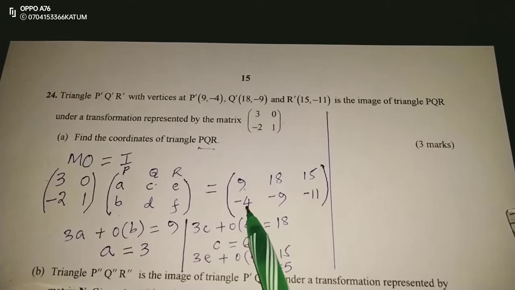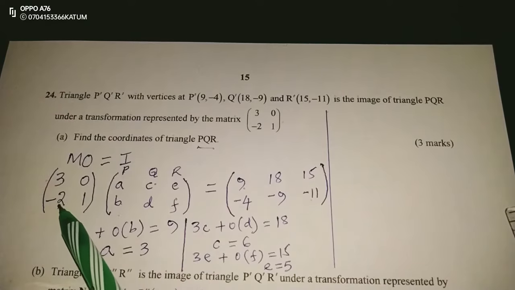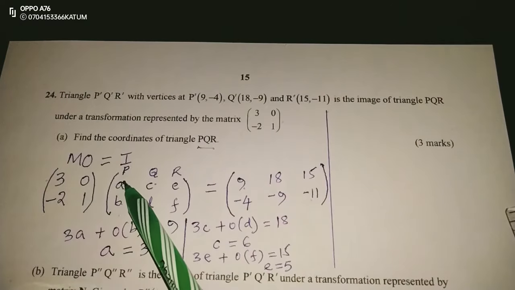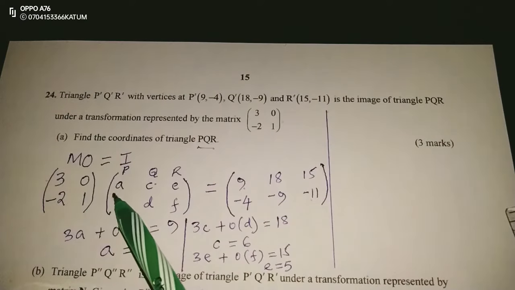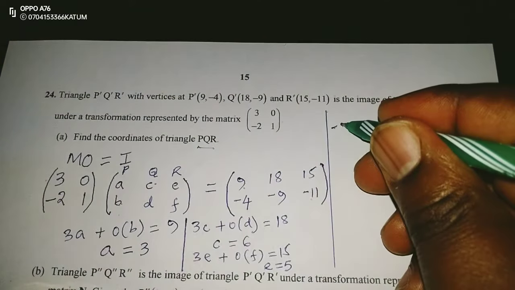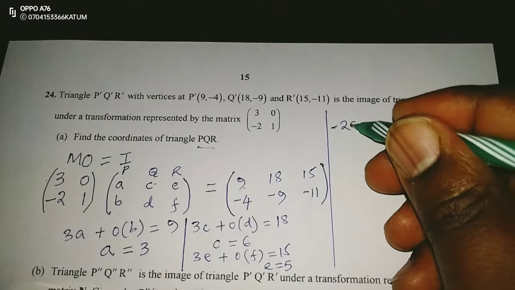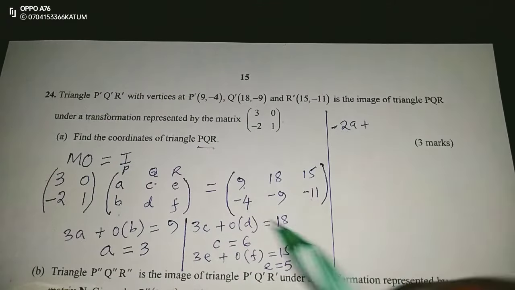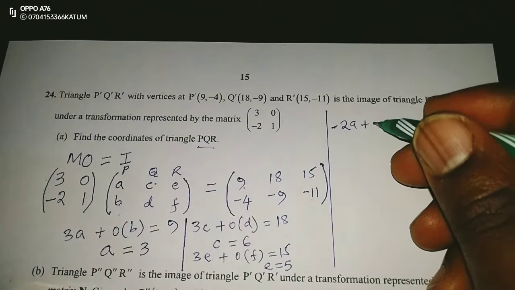We can now use the lower row in this answer matrix, whereby we say -2 times A, then B times 1 should give us the first element here, -4. In other words, row times column should give us the element here. So -2A plus 1 times B, which is B, is supposed to give us -4.